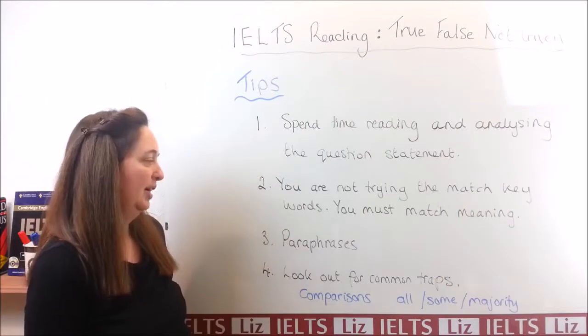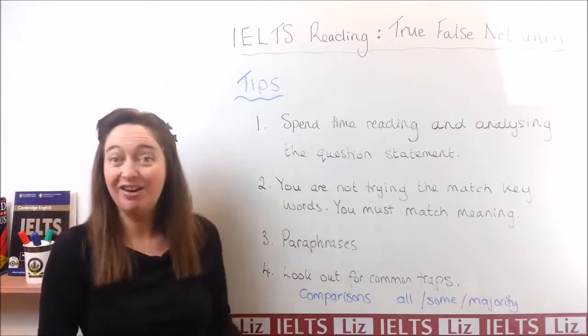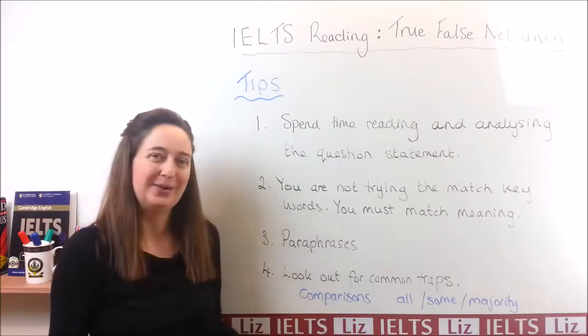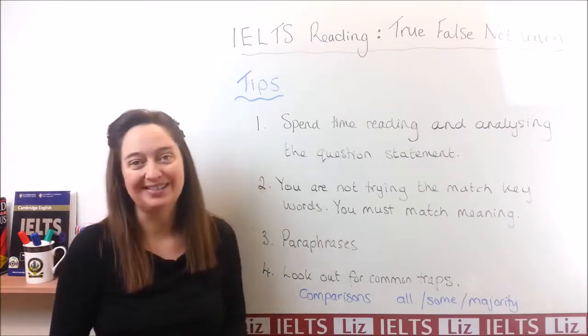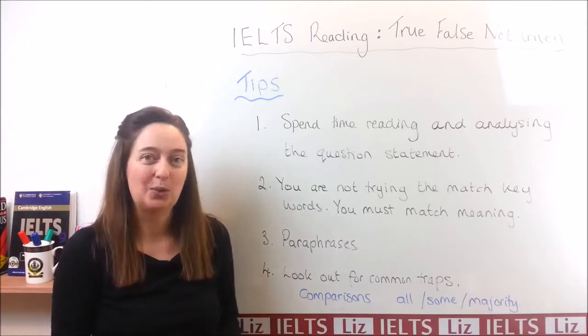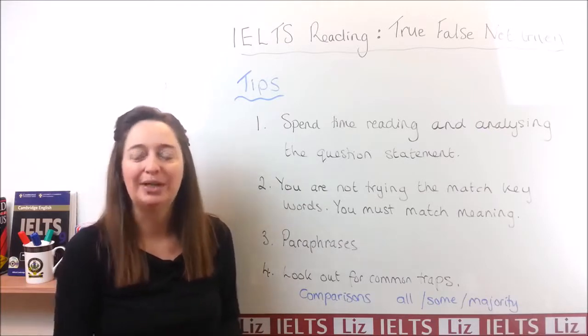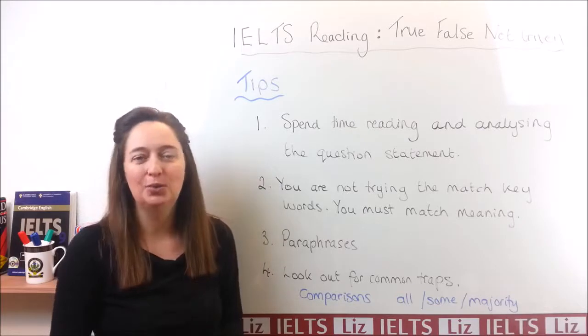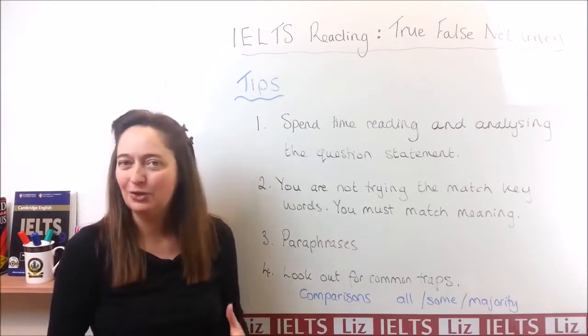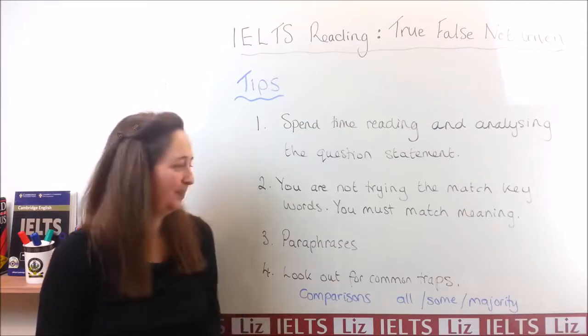Number 4, look out for common traps. There are common traps. Of course, one of the common traps you already know, and that's comparisons. If you see a comparative sentence in your question, more or less than, make sure you also find a comparison in the passage. Because if it's not, it will probably be not given.